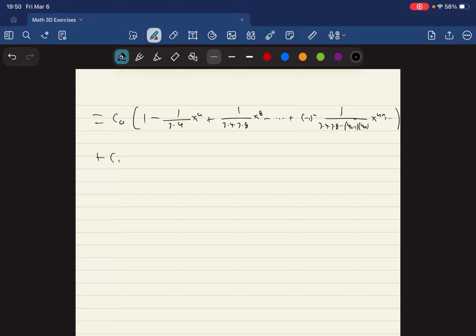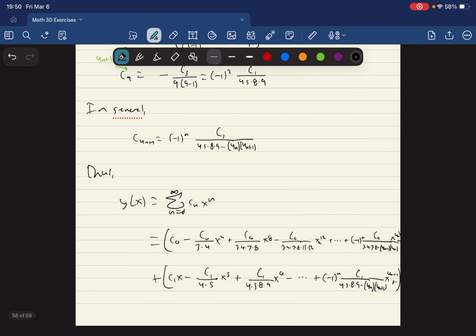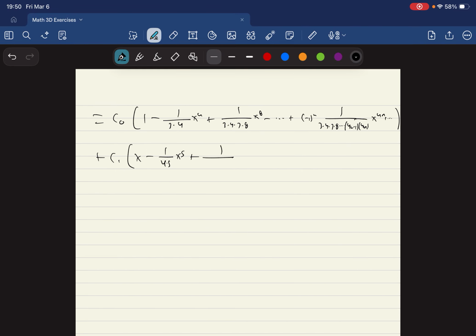And we can also factor out the C1 from the other series. We get x minus 1 over 4 times 5, x to the 5, plus 1 over 4 times 5 times 8 times 9, x to the 9, and then minus, where in general the nth term, as we found on the previous page, is 4 times 5 times 8 times 9, on and on up to 4n plus 1.